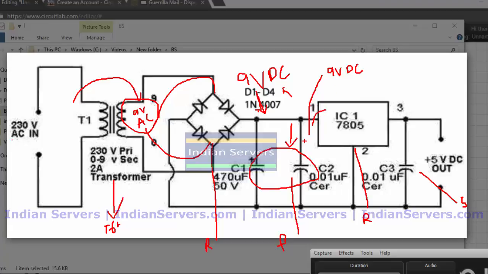This 9 volt DC is given to 7805, where this 9 volts is converted into 5 volts. Here I used a voltage regulator 7805, so it can regulate 5 volts. Finally, we will get 5 volts output.